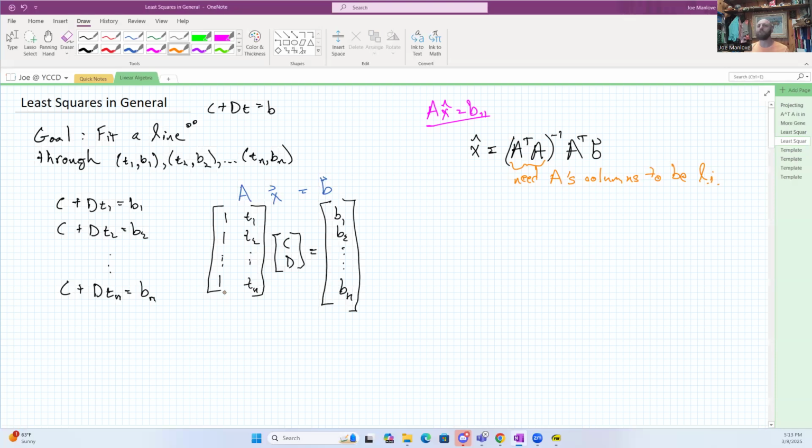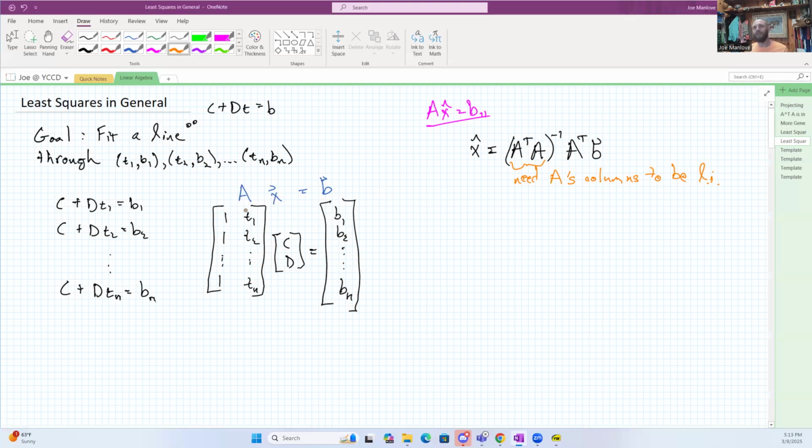Well, one of those columns is all ones, and the other one is some collection of times, some t's. As long as not all of those t values are the same, then we have linear independence here. Great. If all of the t's are the same, I'm trying to fit a line through vertical data. That's going to be a vertical line.